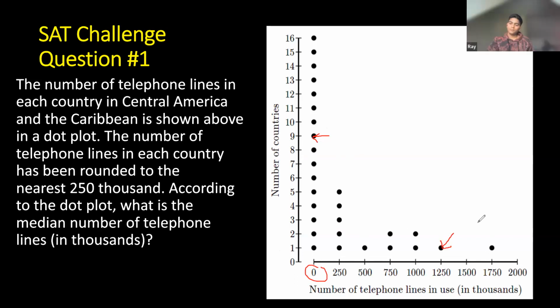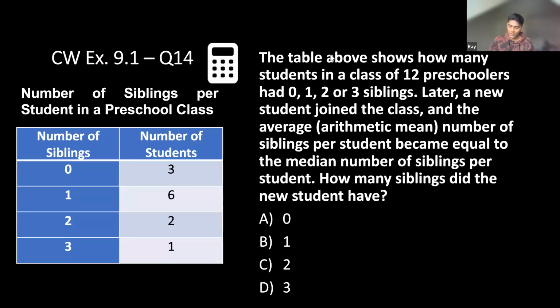So going by this logic, how many countries are there? How do I find that? To find the median, I must just count the dots, right? Yes, absolutely right. So how many dots are there? There's going to be 16 plus 5.